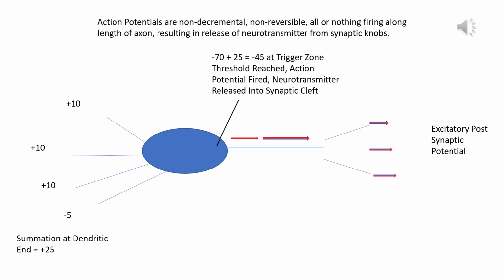Well, this is why it's good that we have a threshold that has to be reached before a signal is sent. Otherwise, every stimulus would be impacting upon your brain, or every thought that you have, you would be acting out with your arms and legs. Imagine what that would look like.